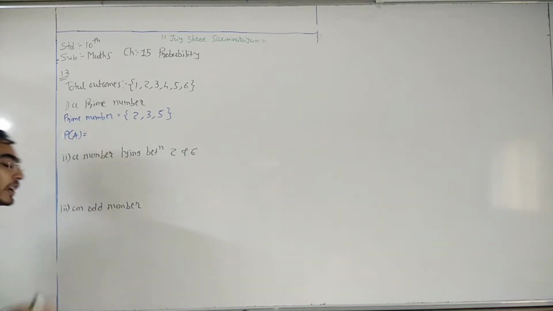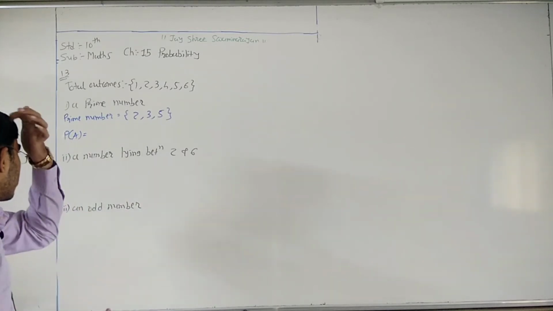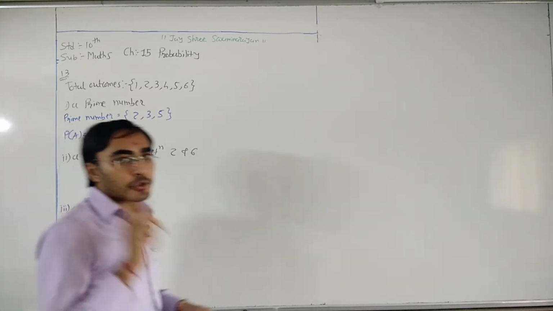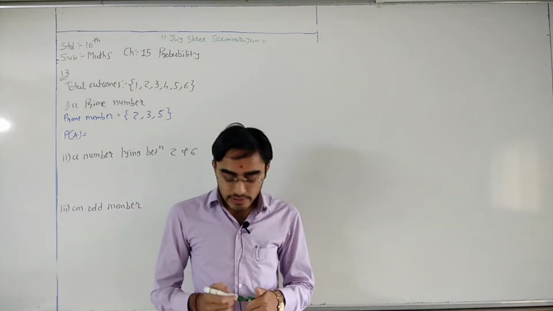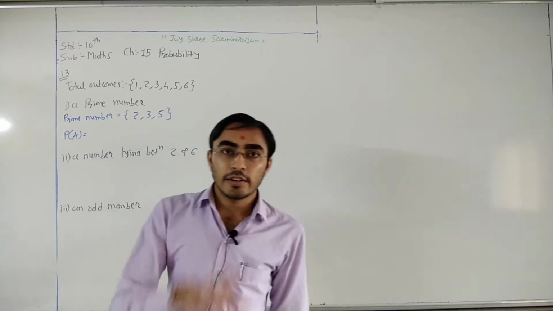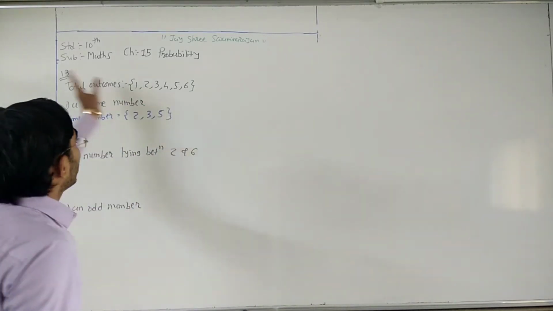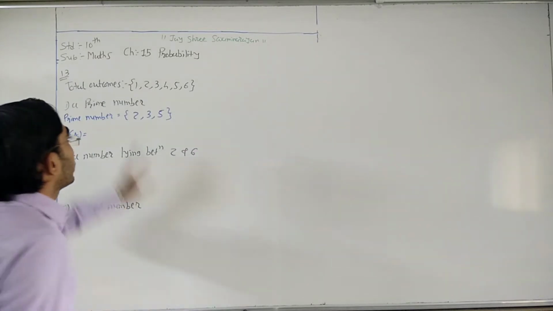We just give the event A here. So probability of event A. Now here we need to think about two things: total outcomes and favorable outcomes, right? Total outcomes is the same for all these 3 questions. It is 6 because there are 6 possibilities.